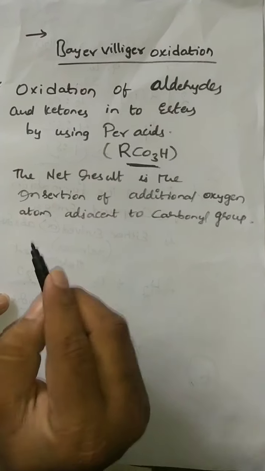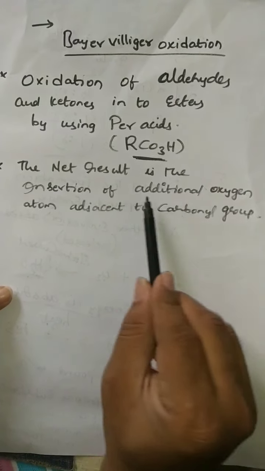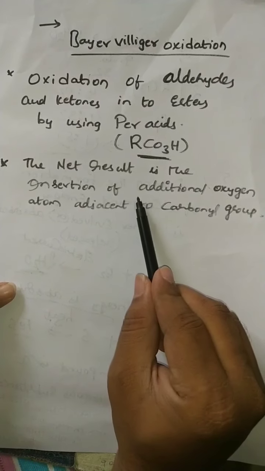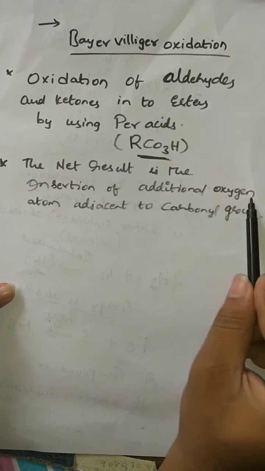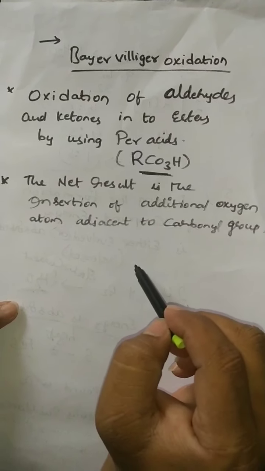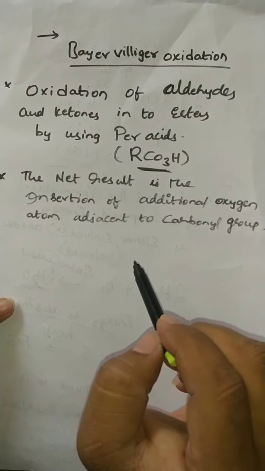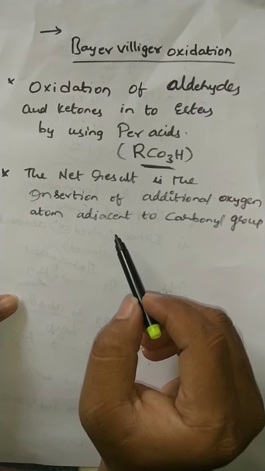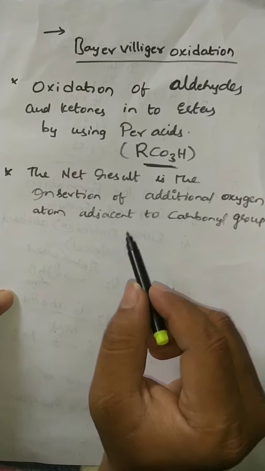So in this mechanism we are going to observe that the net result is the insertion of an additional oxygen atom adjacent to the carbonyl group. We are going to insert an extra oxygen in between the carbonyl group and the alkyl group.